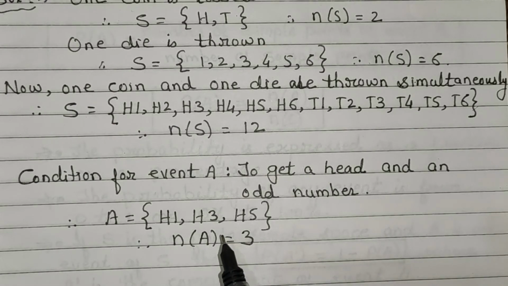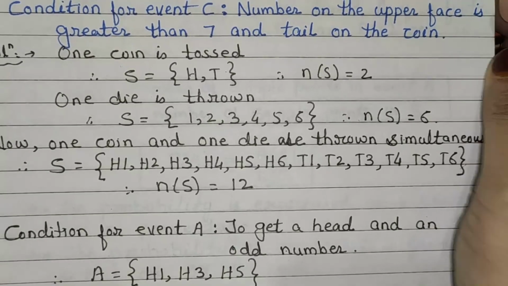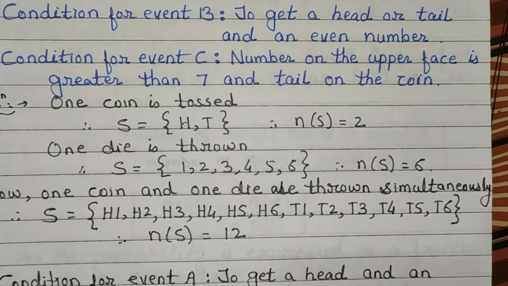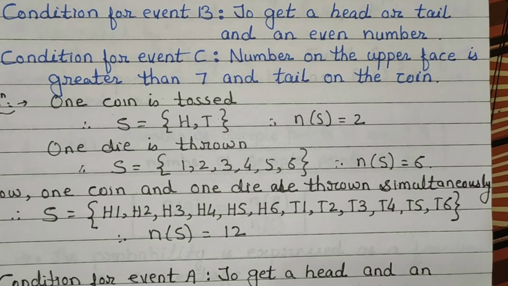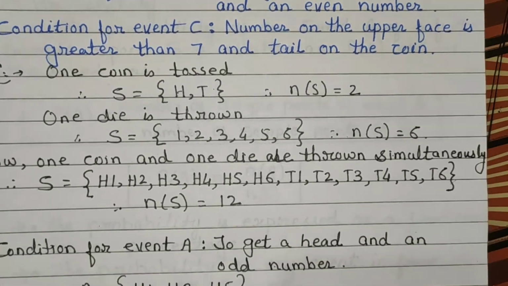Now, next one is condition for event B is to get a head or tail and an even number, means head or tail with even number.